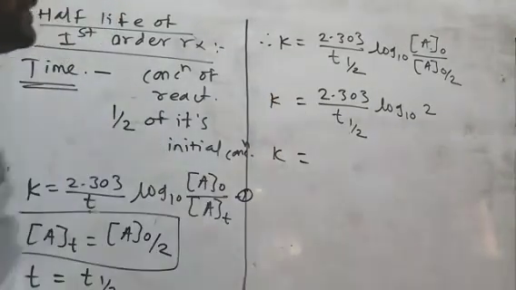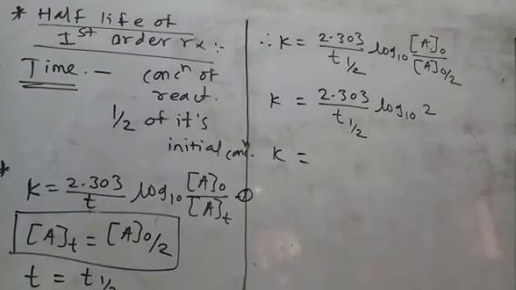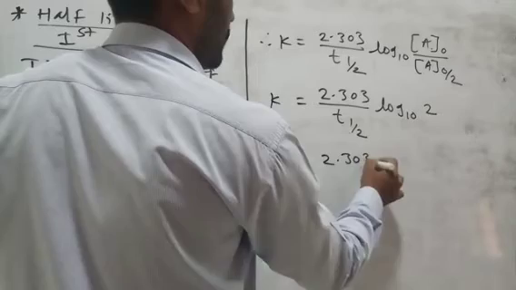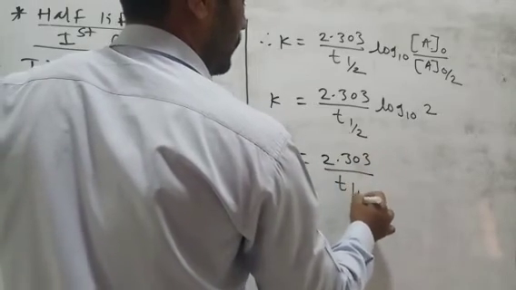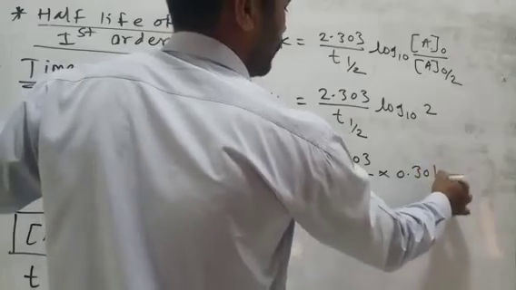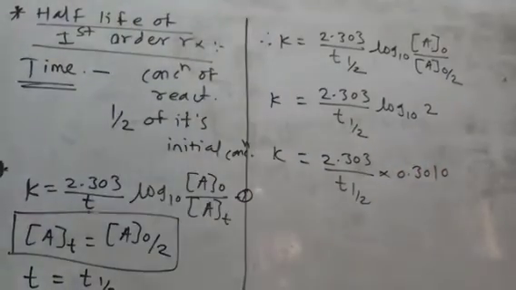we know the log of 2, that is 0.3010. It is the value of log of 2.